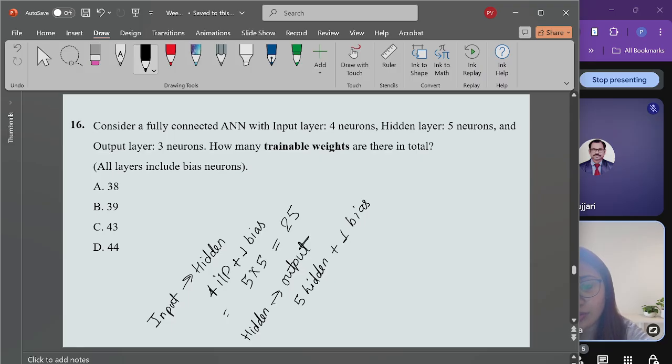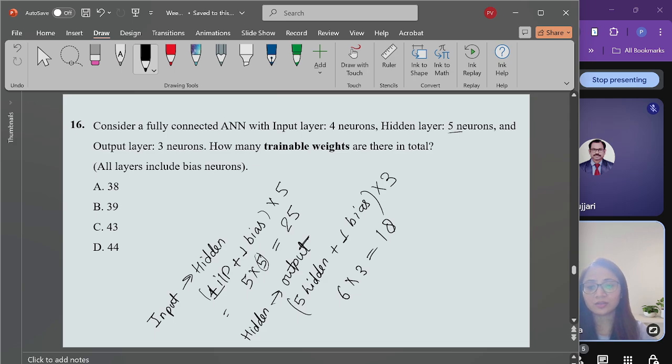In the output there are 3 neurons. So the total is 6 multiplied by 3, so a total of 18 trainable weights from the hidden to output.